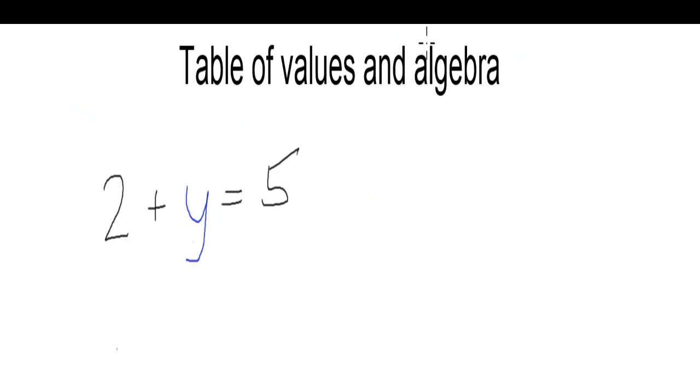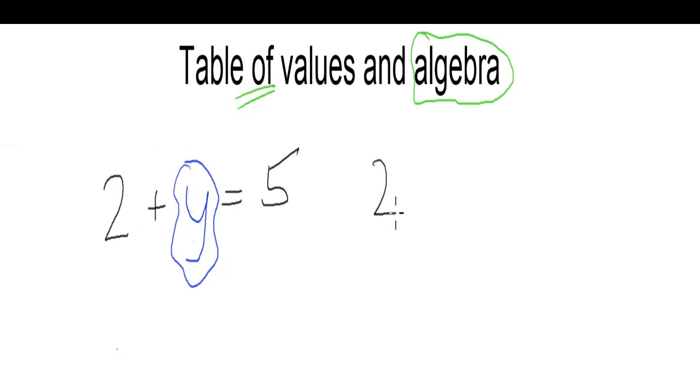What I'm going to talk about now is how we can use algebra to complete something we call a table of values. Before I go into that, I'll go through an example we covered already. If we have 2 plus y equals 5, how can we figure out which number y stands for? Remember in primary school we had 2 plus a box equals 5, and the box just stands for a missing number.